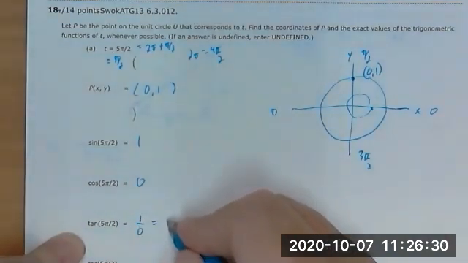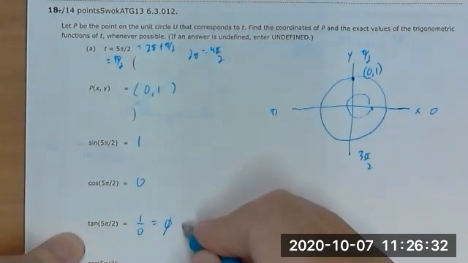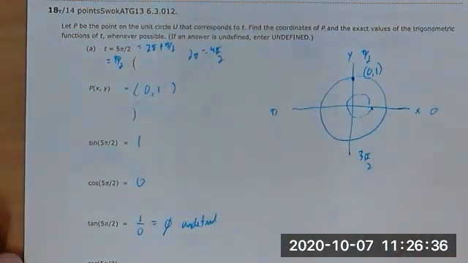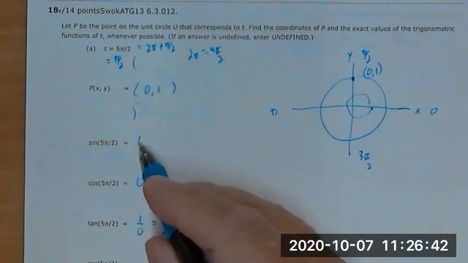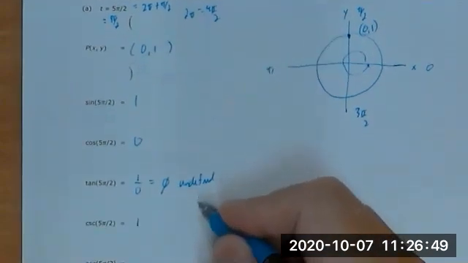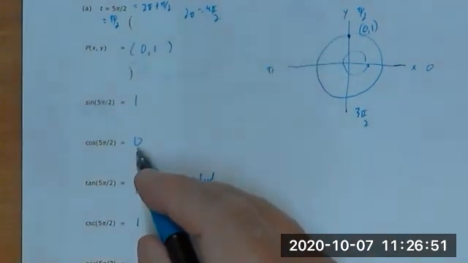What is 1 over 0? It's not 0, it's undefined. Cosecant, I just take the reciprocal of the sine. The sine is 1, which is 1 over 1. You flip it, of course, you still get 1. Secant is the reciprocal of the cosine.